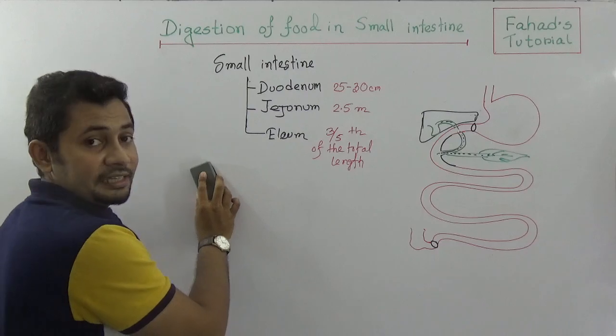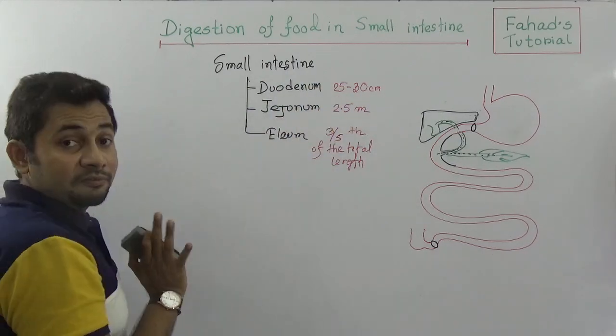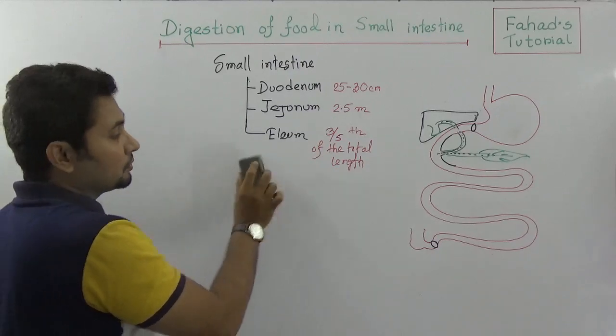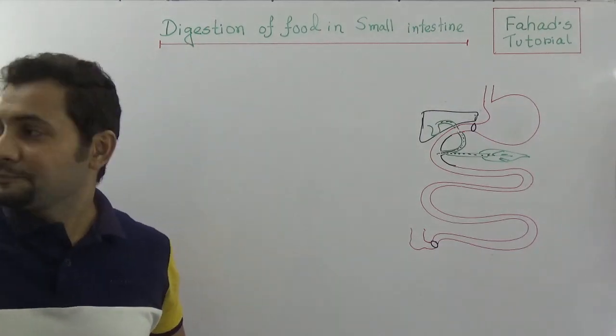I hope you know the duodenum, jejunum and ileum are 25 to 30 centimeters, 2.5 meters and 3/5 of the total length. Now let's start studying.